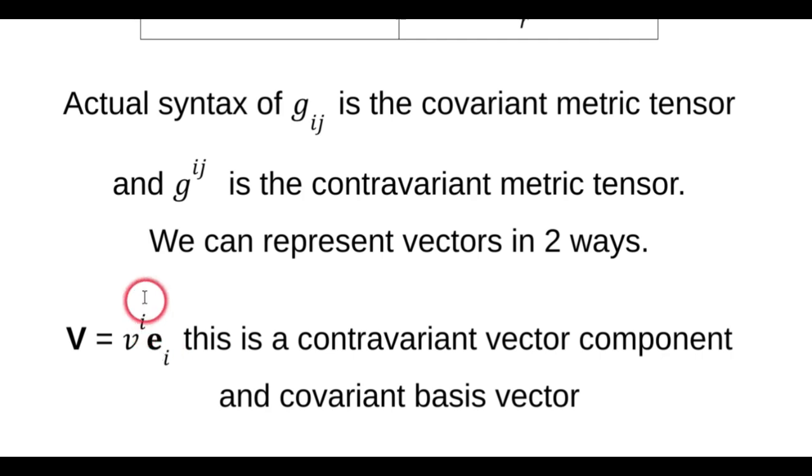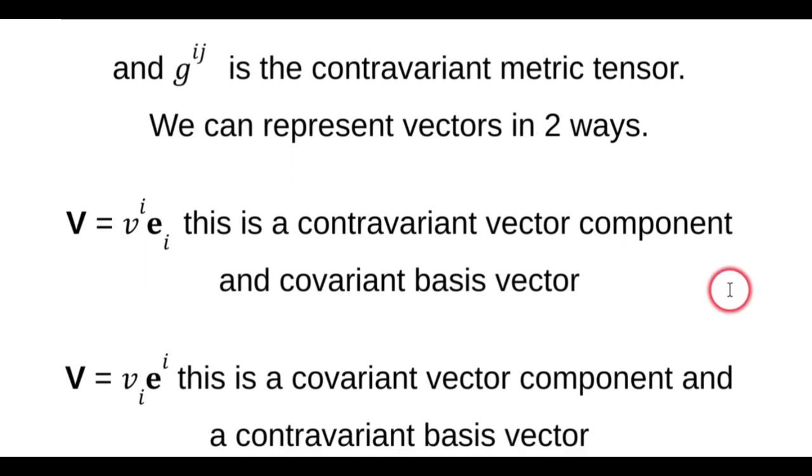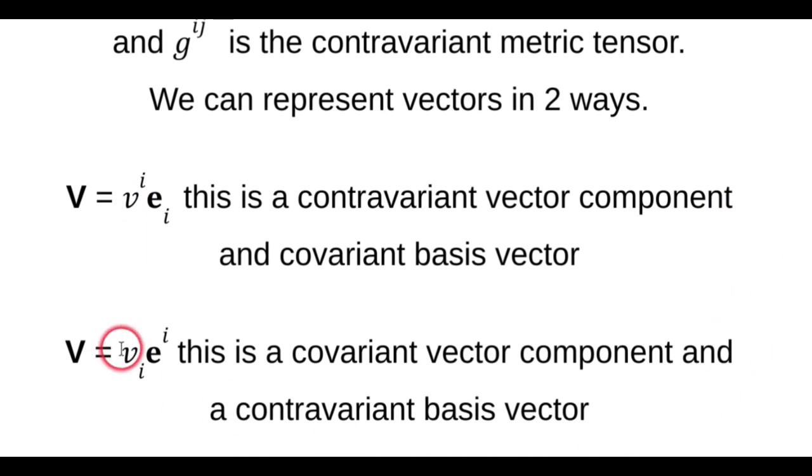What that means is that the component changes oppositely to the basis vector. If this basis vector increases in magnitude, this decreases. The other way you can do it is like this: a covariant vector component and a contravariant basis vector. This is exactly opposite behavior.